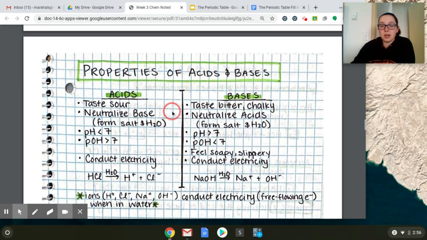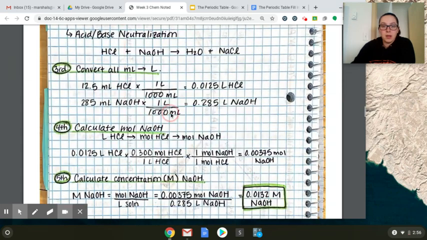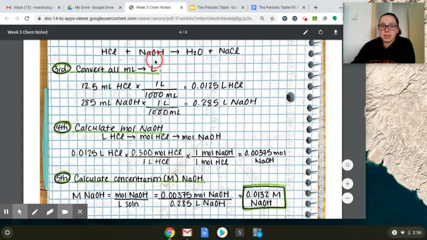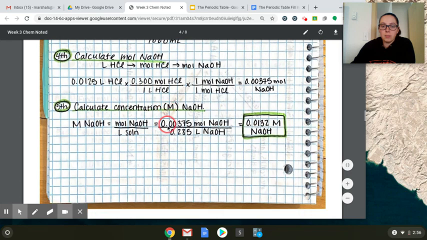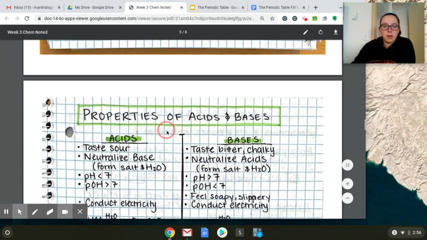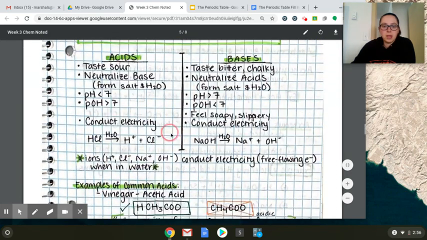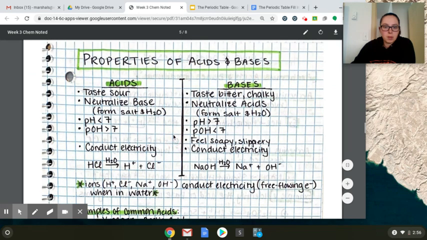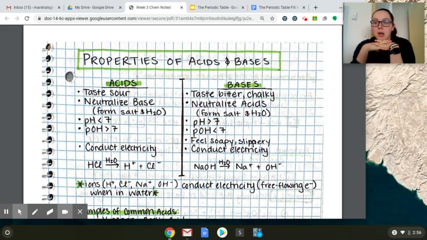We just saw this in our problem up here, that hydrochloric acid neutralized NaOH to form salt and water. pH, you might know what pH is, and right now we're just going to kind of define it as a way to measure the acidity of a specific acid. So how strong or how weak that acid is.